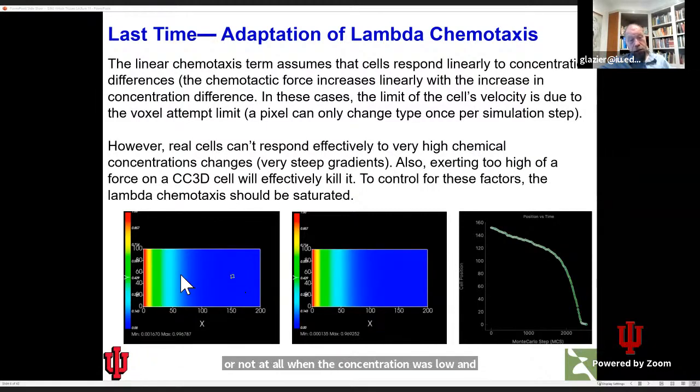And when you went to higher concentrations, the cell moved too rapidly and even could get squeezed out of existence. So what you would like is to have the velocity of the cell depend not on the concentration gradient directly, but on the gradient divided by the average value of the concentration over the cell, which is called perfect adaptation.